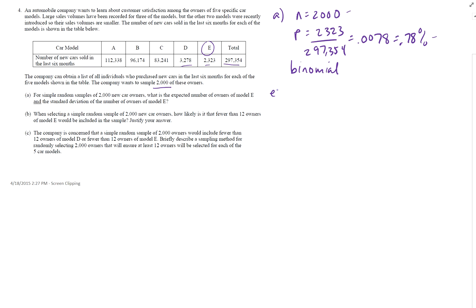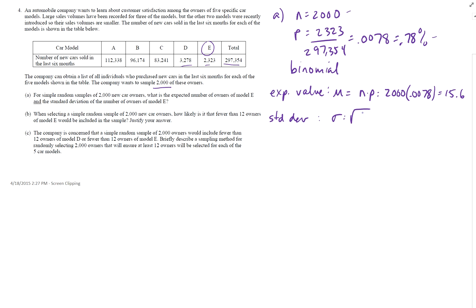Now for the expected value, that's the mean, and both of these formulas are on your note sheet. The mean is n times p, which is 2,000 people, and the probability of success is 0.0078, and I would actually leave that number in your calculator, not rounded, times 2,000, although they're pretty forgiving when it comes to rounding, is equal to 15.6.